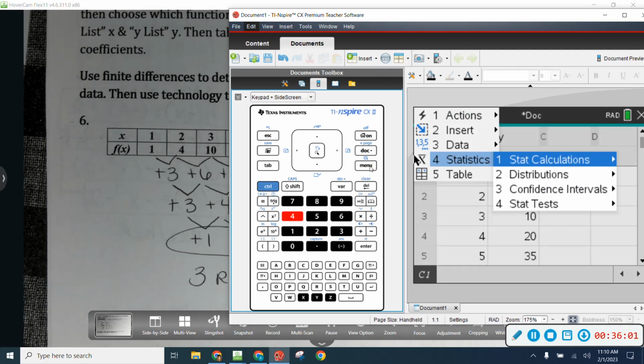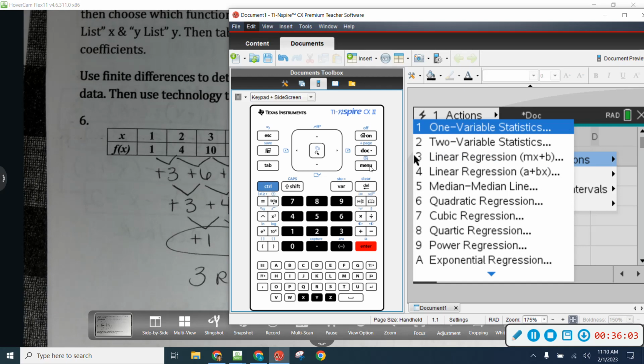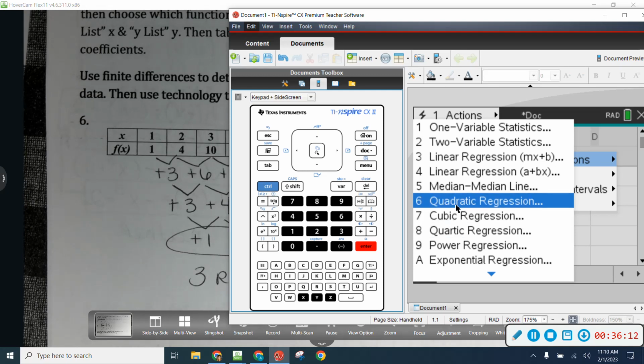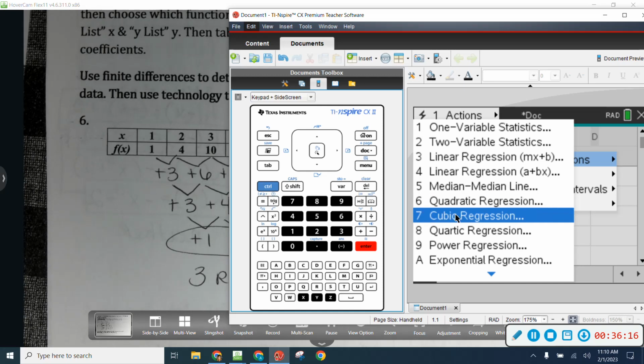Stat calculations. See how you have quadratic, cubic, and quartic? So the finite differences tells you which one you're going to choose. Okay? I have a cubic function. So I'm going to choose cubic.